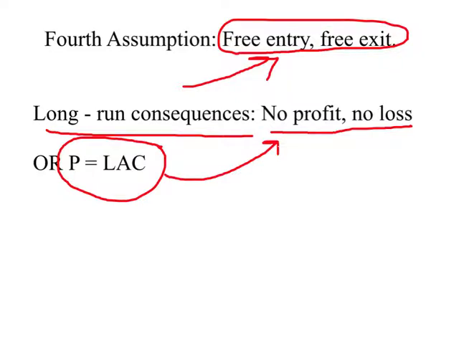And so the firm under monopolistic competition will make no profits or incur no losses, or what we require is price will equal long run average cost. Though it is entirely possible that under monopolistic competition there might be some barriers to entry or exit, to keep life simple for ourselves, we'll still assume free entry, free exit.